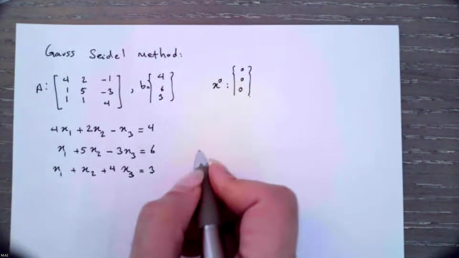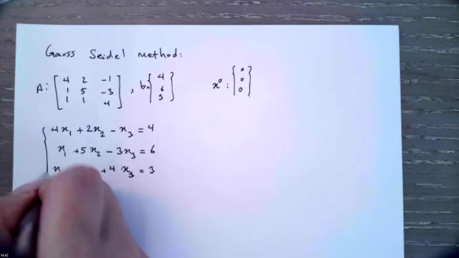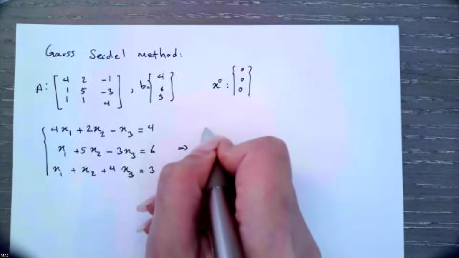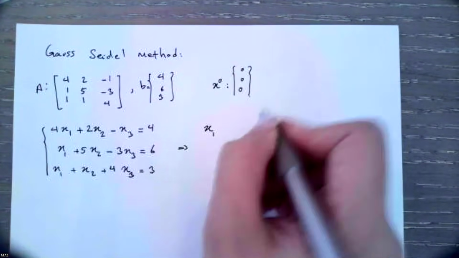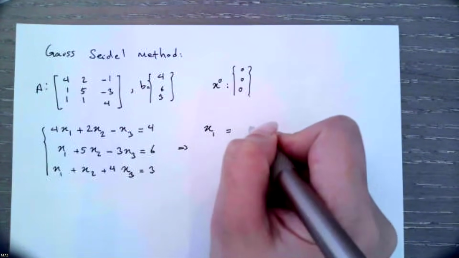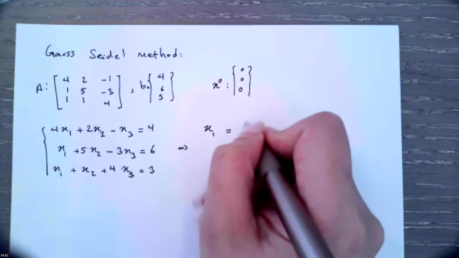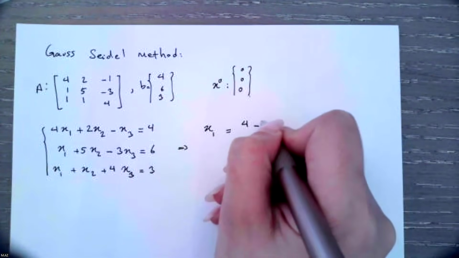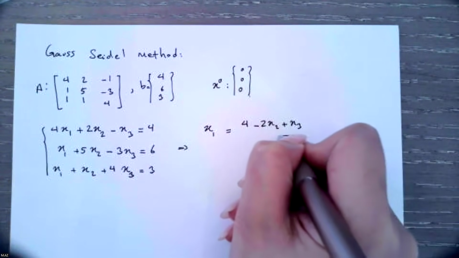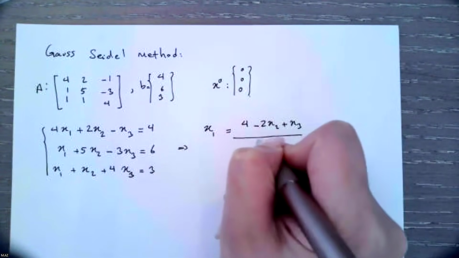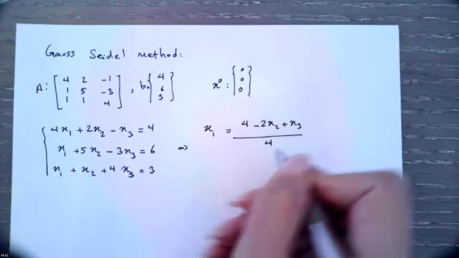Then we rearrange. From the first equation, we can find the value of the x1. We have 4 minus 2x2 over 4.